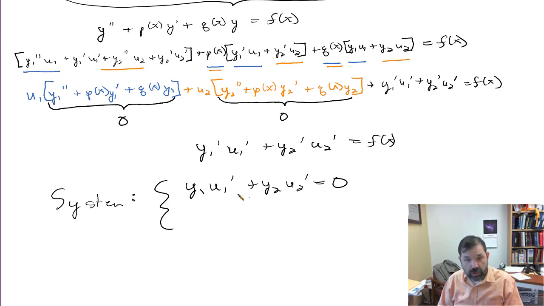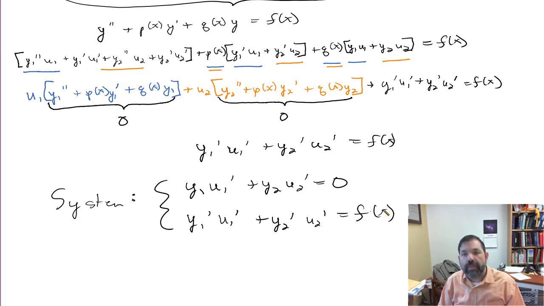And then, with the result of that assumption, we ended up with y1 prime u1 prime plus y2 prime u2 prime equals f of x. And this becomes the system that we can then solve for u1 and u2 to give us the solution for yp, which we then build the general solution from. So that's where that system comes from.